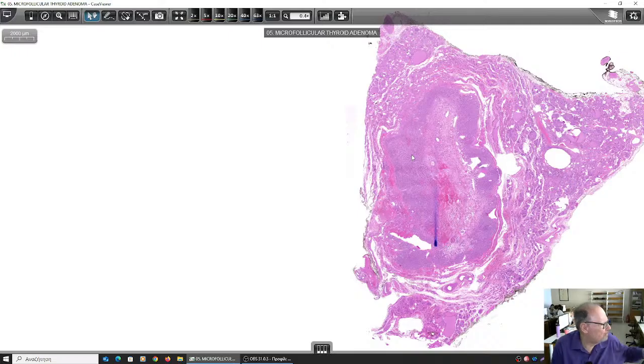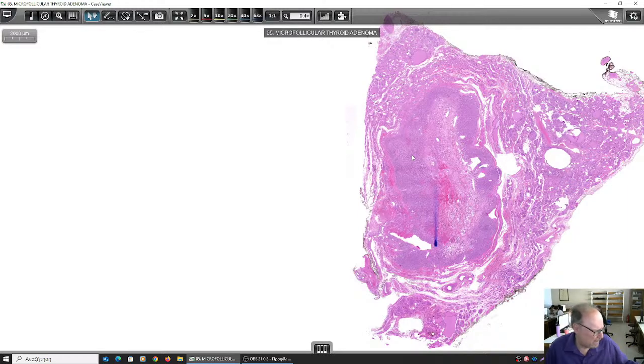It can present as a cold nodule, but it can also present as a hot nodule. The same may happen in the background of nodular hyperplasia when one nodule overproduces thyroid hormones, and this makes it a hormone-dependent nodule.